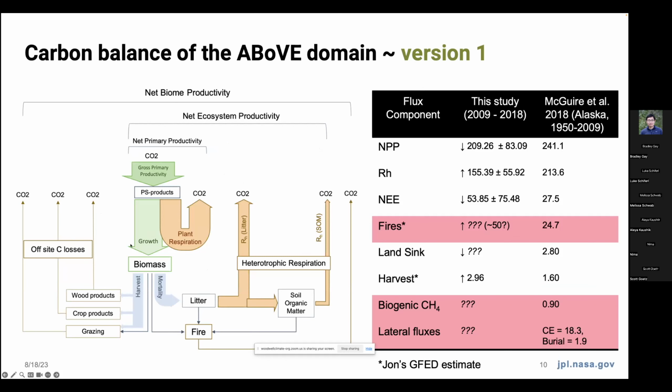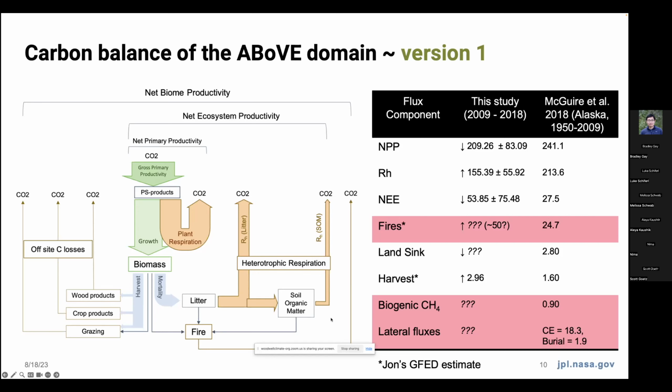But in general, it captures all the major components, which include the NPP, the respiration, the fires, and then the wood and crop products, etc. Pretty standard in terms of a carbon budget.